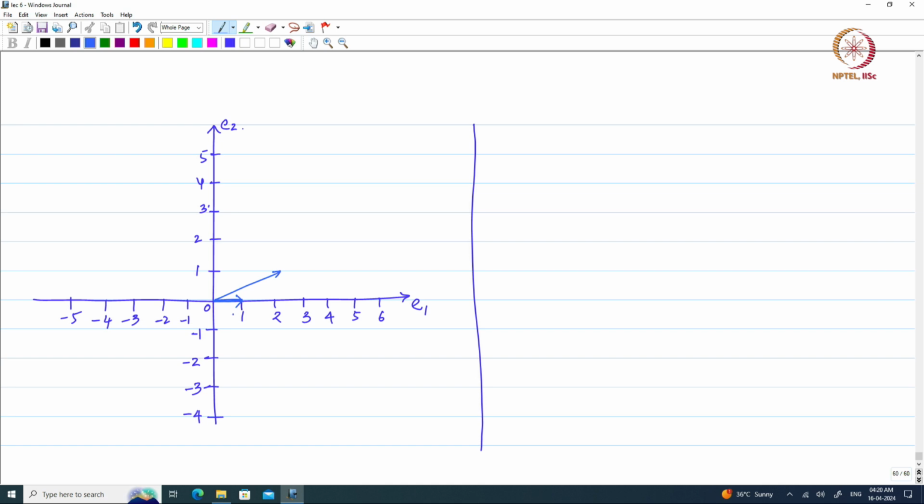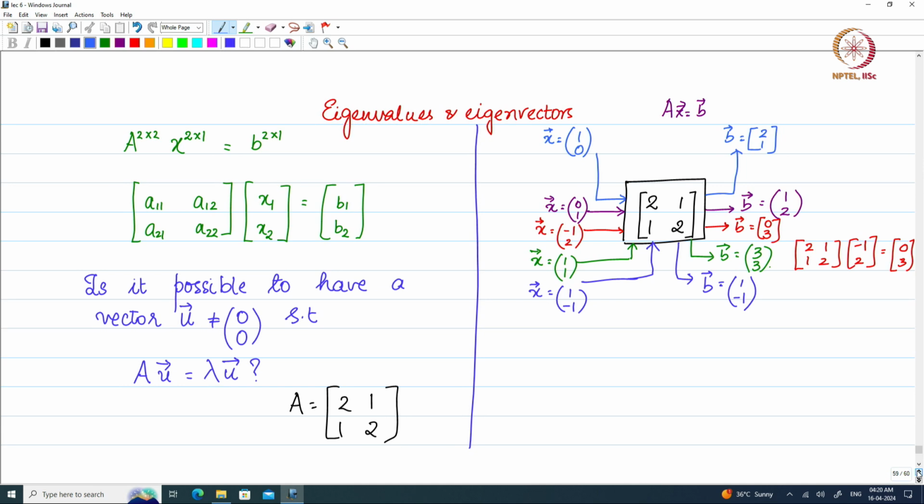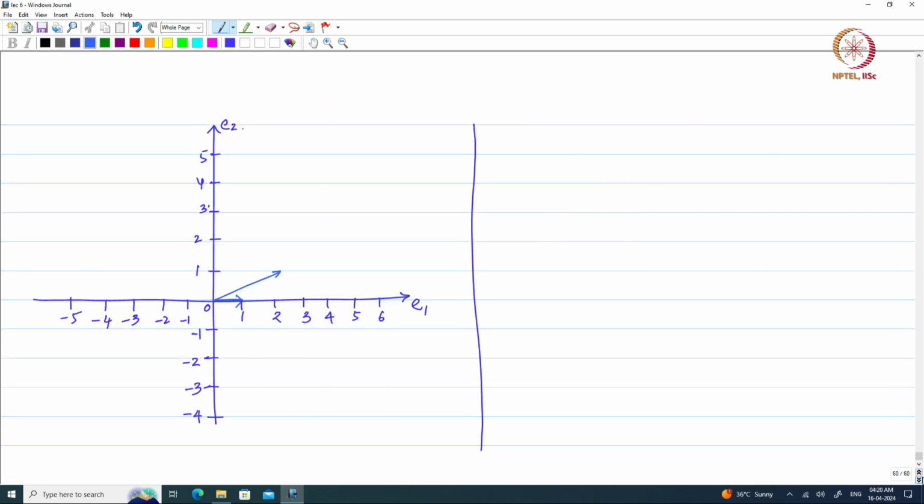That means the matrix A acted upon this vector 1 0 to give me another vector which is 2 1. Similarly, I had this vector 0 1 which went to 1 2.